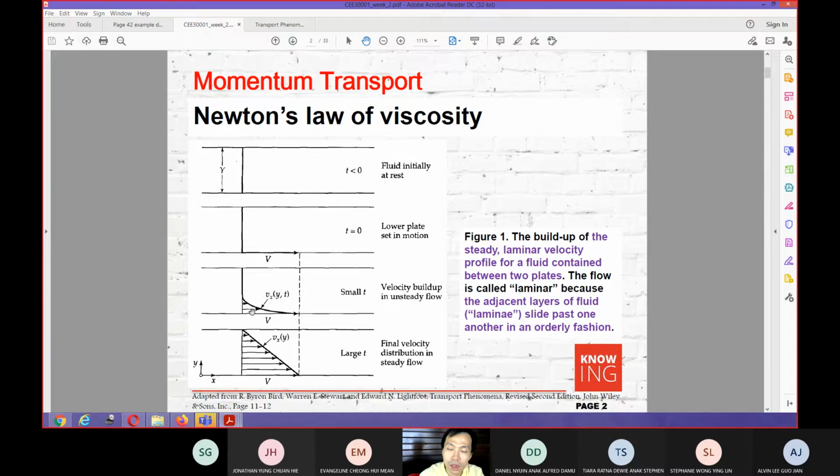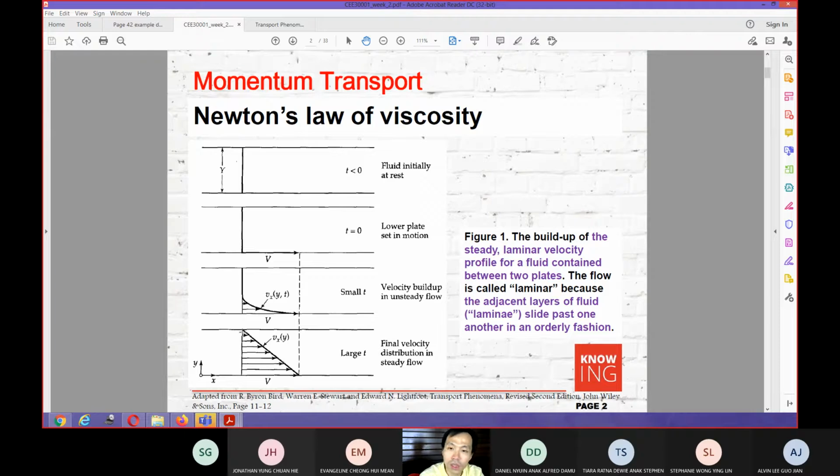At small t, the layer just on top of the bottom plate that is moving will start moving. So this has a transient response. It will go up and up until a sufficiently large time where we have a steady state velocity profile.